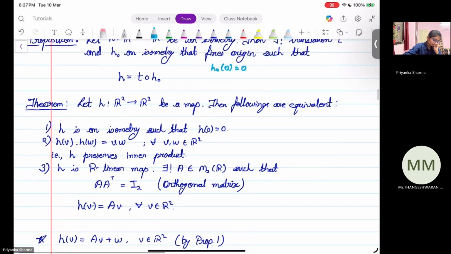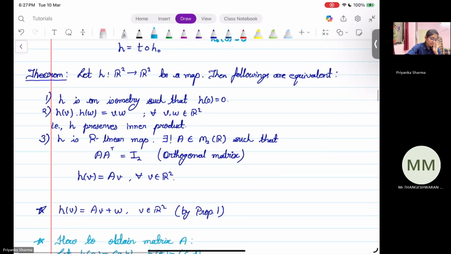Now, suppose we have a map H from R² to R², then we have some equivalent conditions for H to be an isometry that fixes the origin.